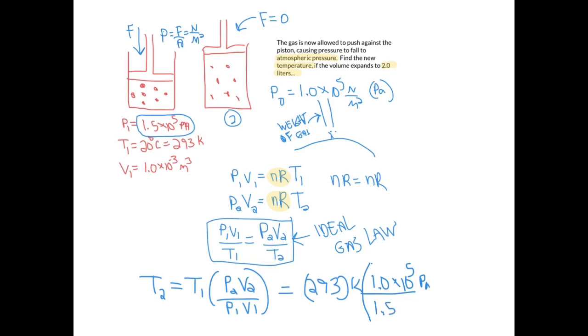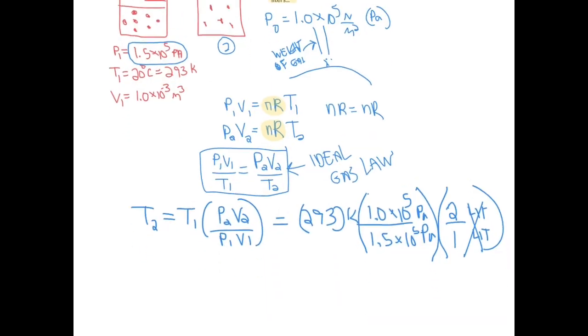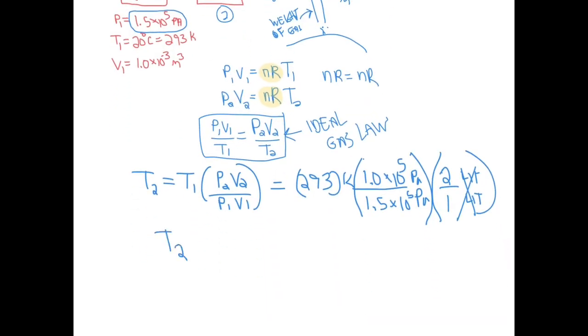The original pressure was 1.5 times 10 to the 5th pascals. Similarly with the volume, we can just use liters because the units are going to cancel, numerator to denominator. So we can just say 2 liters versus 1 liter. When we do this, we're going to get T2 in Kelvin units because we used 293 Kelvin. So we end up with 391 Kelvin, and then we can change that to Celsius, or 118 degrees Celsius.